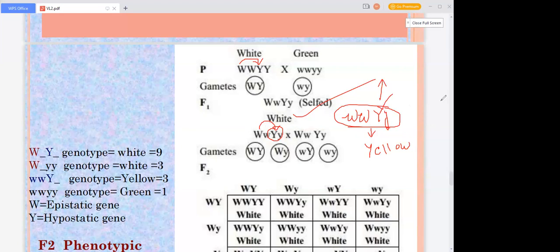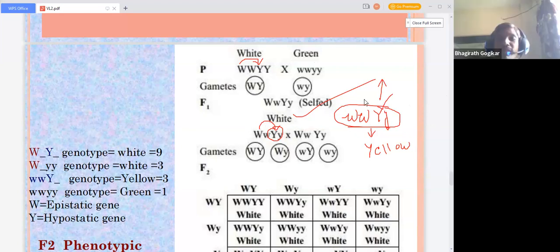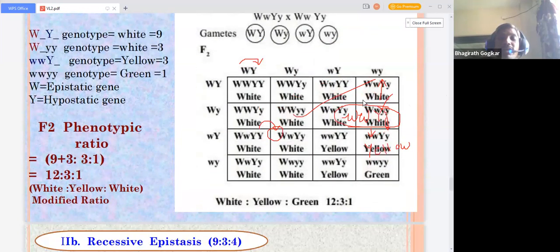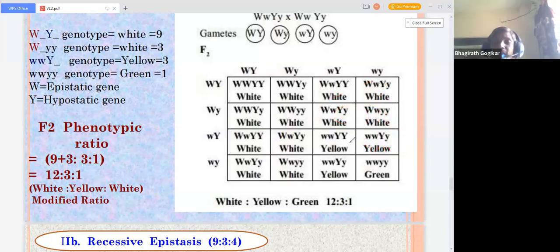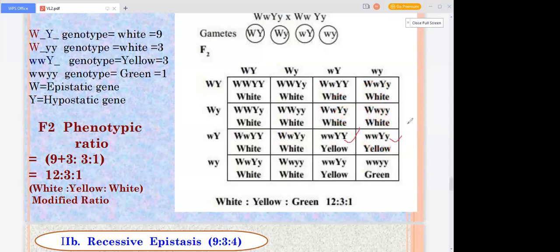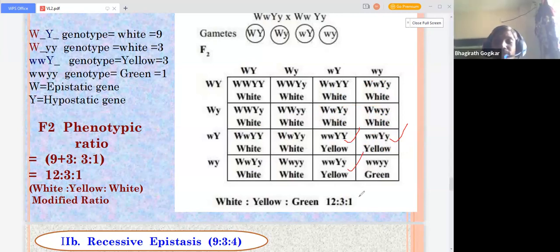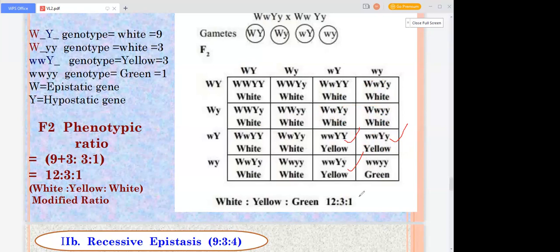This genotype produces white, this genotype produces yellow. Why? Here capital W is missing. That's why there is no dominant epistasis, so the Y gene clearly expresses its character. Yes or no? That's why you can see this table and examine this Punnett square or checkerboard. See, this is white, this is white, this is white. Where are we getting yellow? Where capital W is absent, the yellow color character is expressed individually.